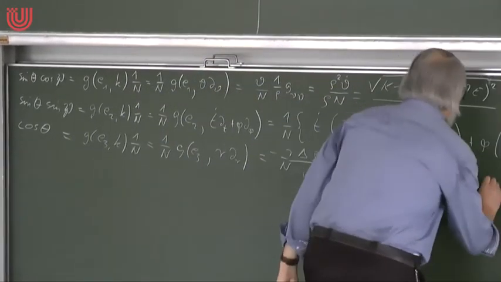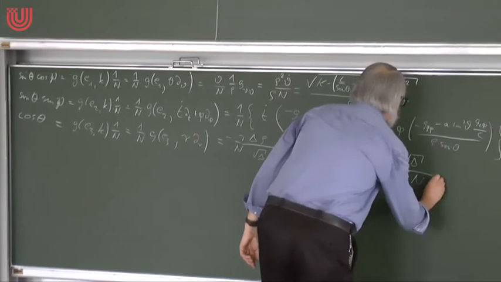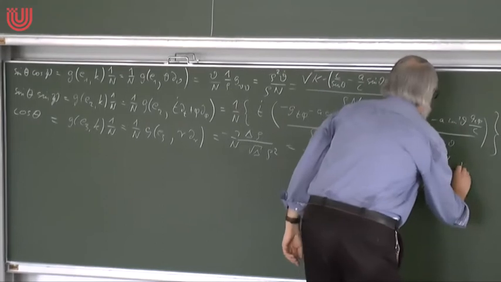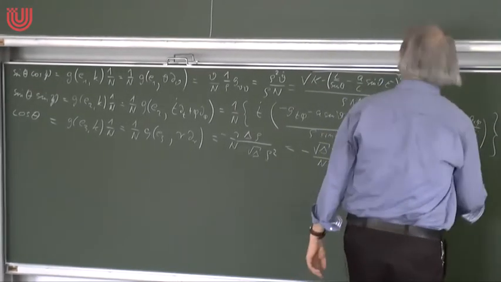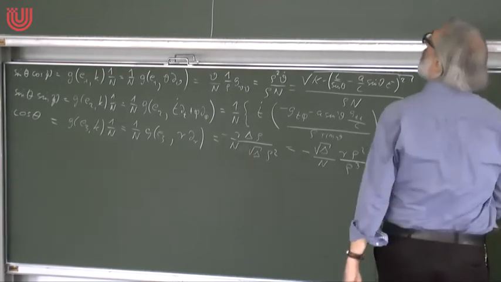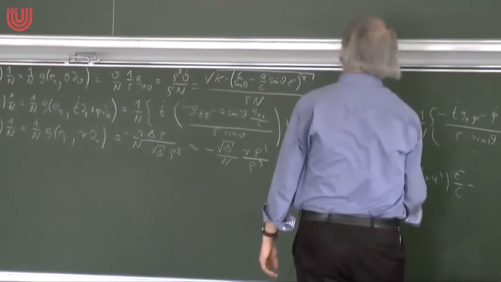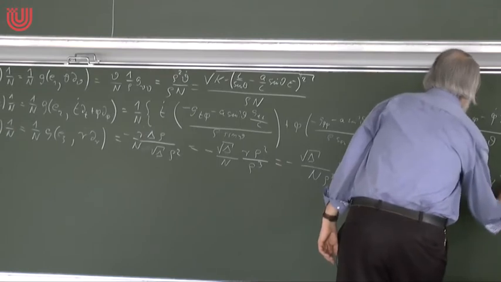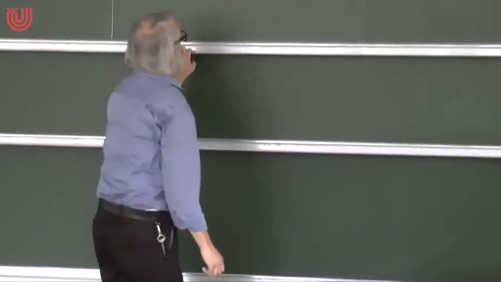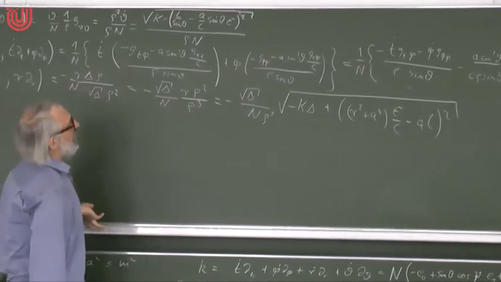So this is minus root delta divided by n rho cubed, and r dot rho squared I copy from there: a square root of minus k delta plus r squared plus a squared, no square, sorry, e over c minus a L, and the whole thing squared. Okay, these are the three equations.